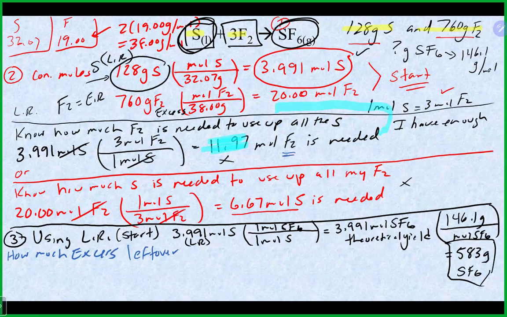And from this calculation we did earlier to figure out our limiting reagent, we figured out how much F2 we need to use. So we know how much F2 we started with.